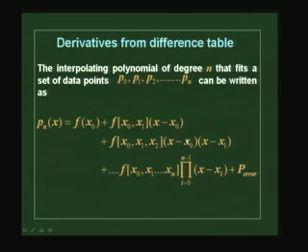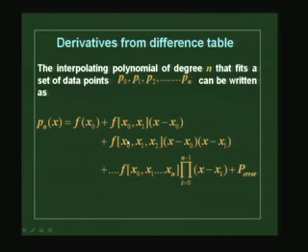The advantage of writing it in the Newton's form is that the coefficients of these terms, f of x0 x1, f of x0 x1 x2, the coefficients of the terms of order 1, 2, etc., can be constructed rather easily from a difference table. So, it is an algorithmically efficient way of doing it.